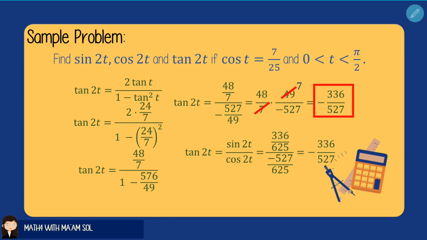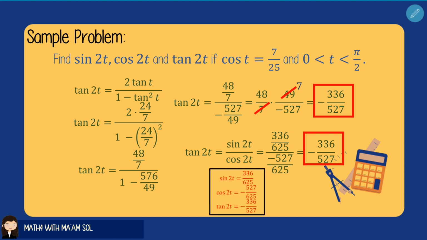So it's an easier way to find tangent 2t without going through squaring and getting the reciprocal and all those. Once you know your sine 2t and cosine 2t, you just take the ratio of them and then you will get tangent 2t. So finally, we simplify that and we get the same answer, negative 336 over 527.